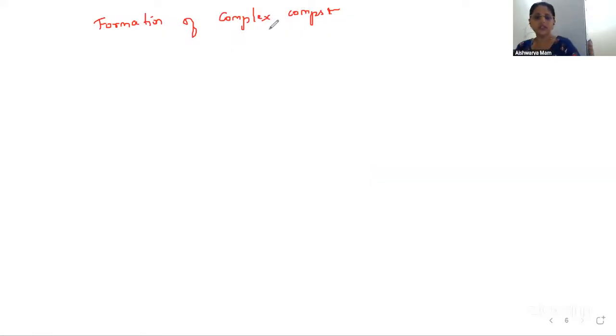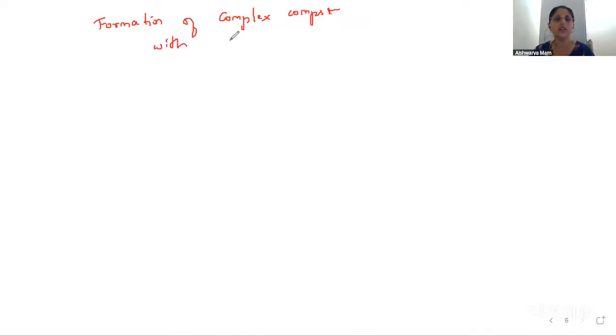Then coming to the next point, that is formation of complex compounds. This I'll just brief out here. We'll be discussing this in coordination compounds also. These transition metals form coordination compounds or complex compounds with electron pair donor molecules.